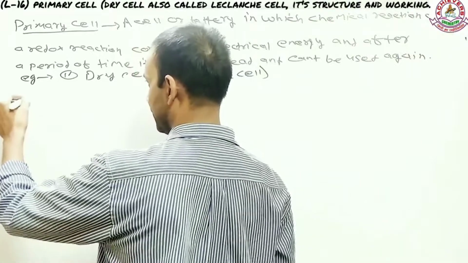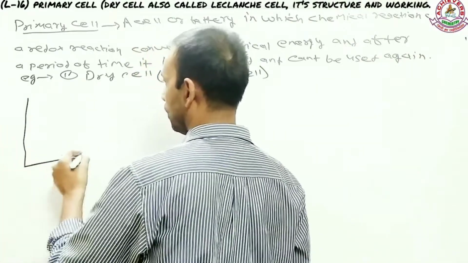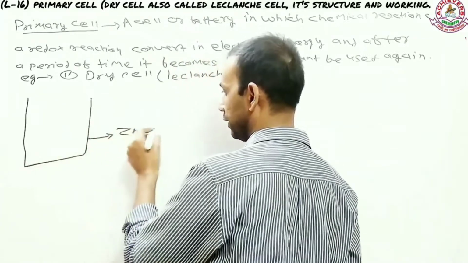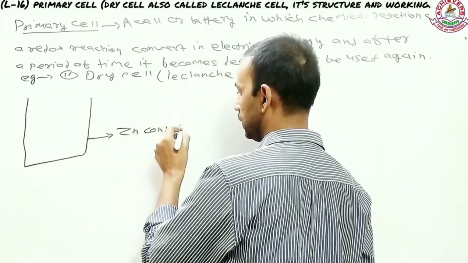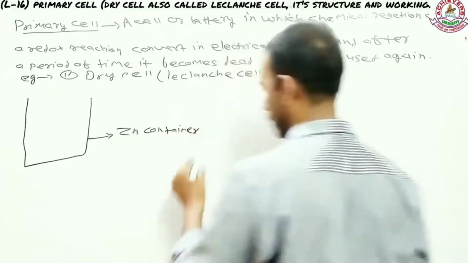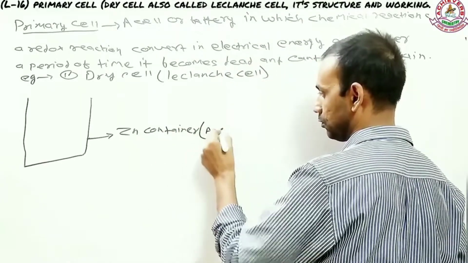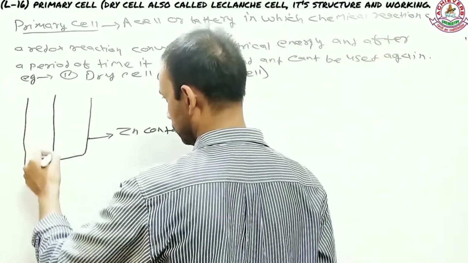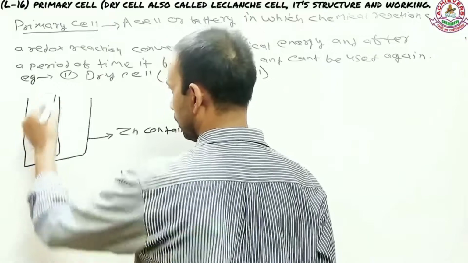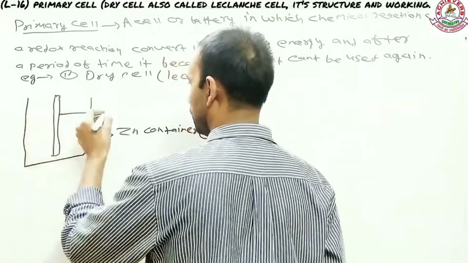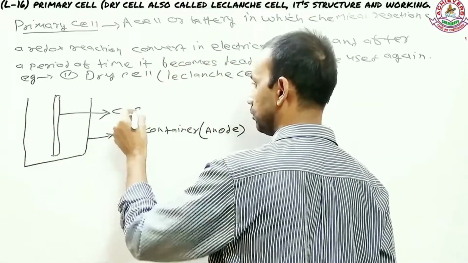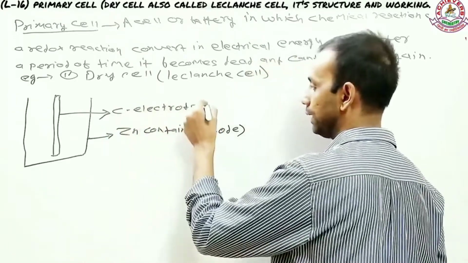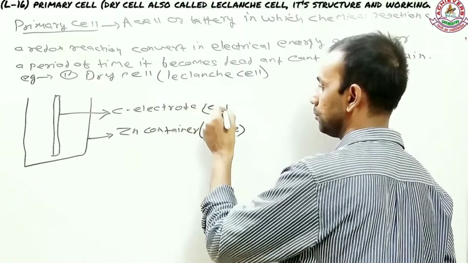The dry cell basically consists of a zinc container, and this acts as an anode. And inside the container, you have a carbon electrode as cathode.